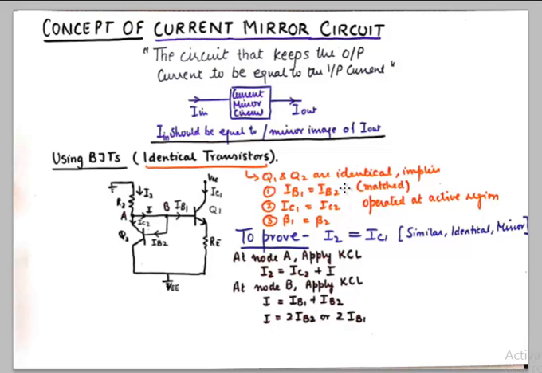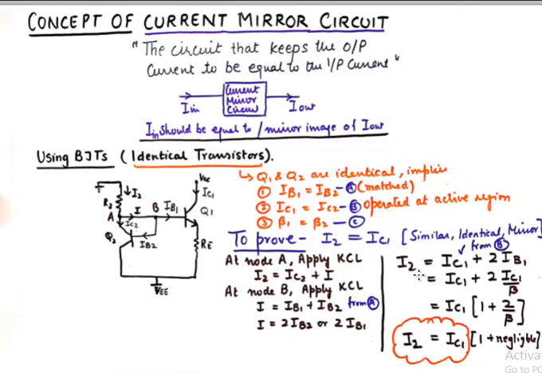Now from this discussion of identical transistors, we know that IB1 is equivalent to IB2, so I becomes equivalent to twice IB1, or twice IB2, whatever you may wish to write, because writing 2 IB1 will be more beneficial for us in solving.